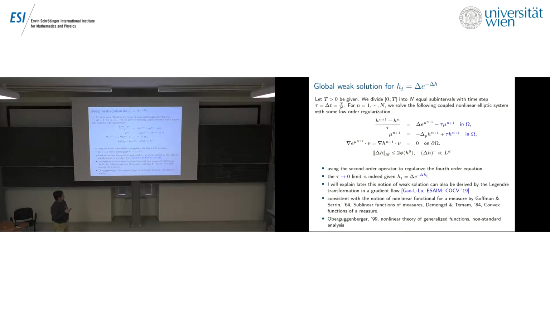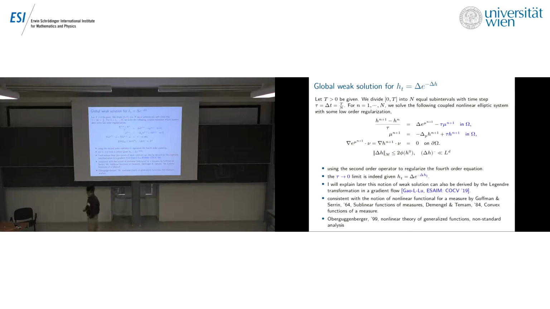What is a little special is that instead of using a first order singular solution, we use a regularization that is weakly with one, and that should be enough to guarantee the solution of this elliptic system. We have all the a priori estimates we need, and indeed we can justify that the limit as tau goes to 0 converges to this PDE. So we prove the global existence of a solution for this equation.